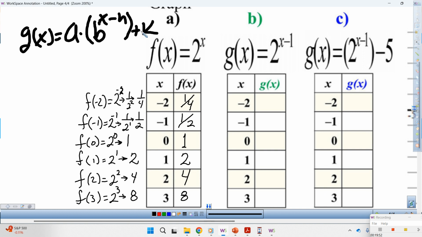Is that correct? Looking at this parent function through that question, we need an HA. Look at this general rule. Tell your neighbor what the HA is. What is our HA?